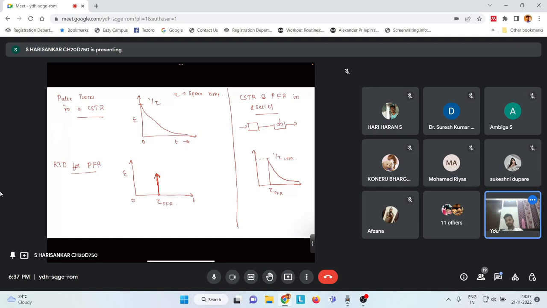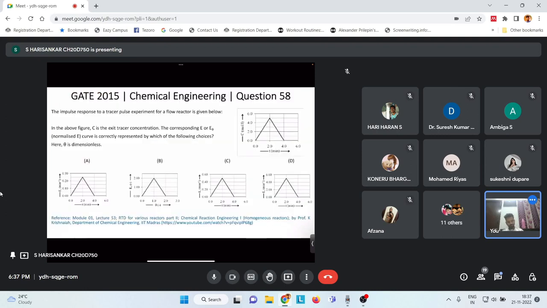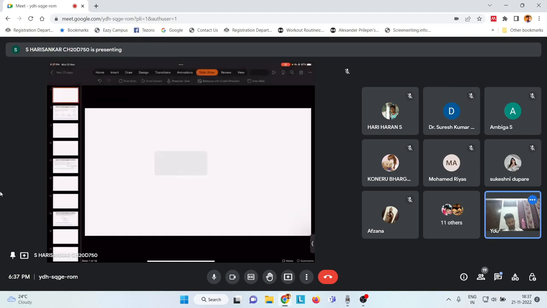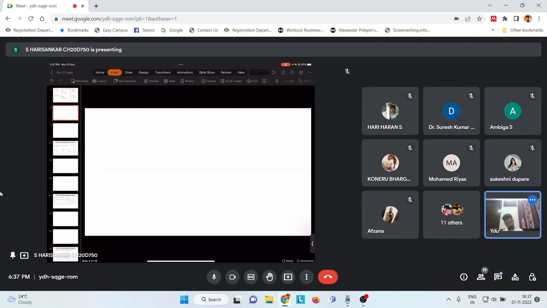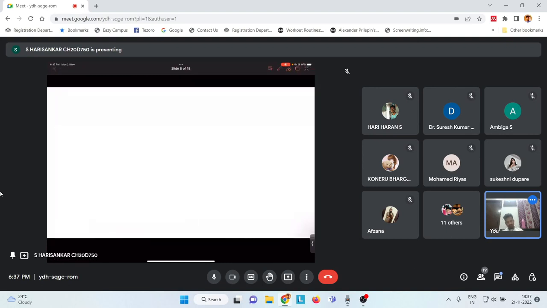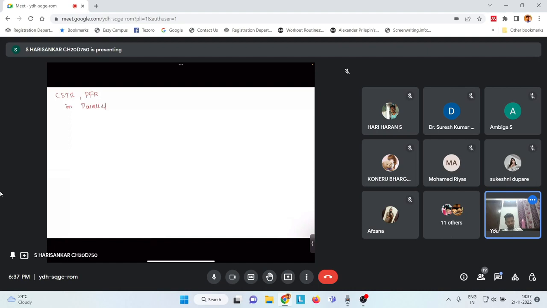And you can even have a CSTR and PFR in parallel. It will be something like this.